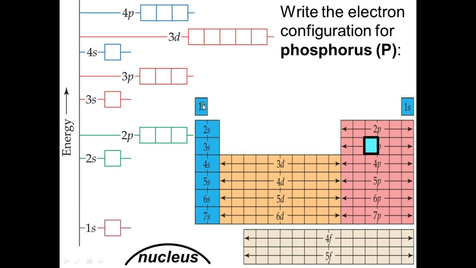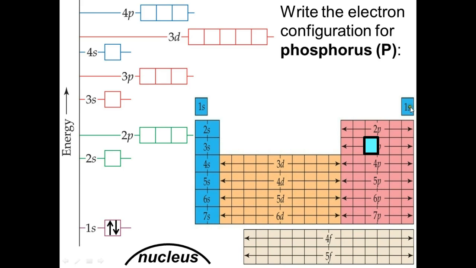For 1s, we have 2 boxes, so we put 2 arrows, one upwards and one downwards, because that's one of the rules. We have to make the arrows alternating, one up and one down.